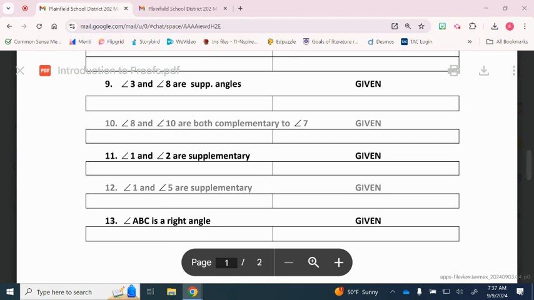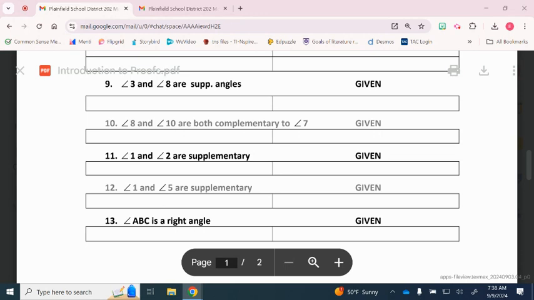How are we doing, guys? Any questions so far? Correct me if I'm wrong. A vertical angle is a vertical angle. No, vertical angle, like that and that over.